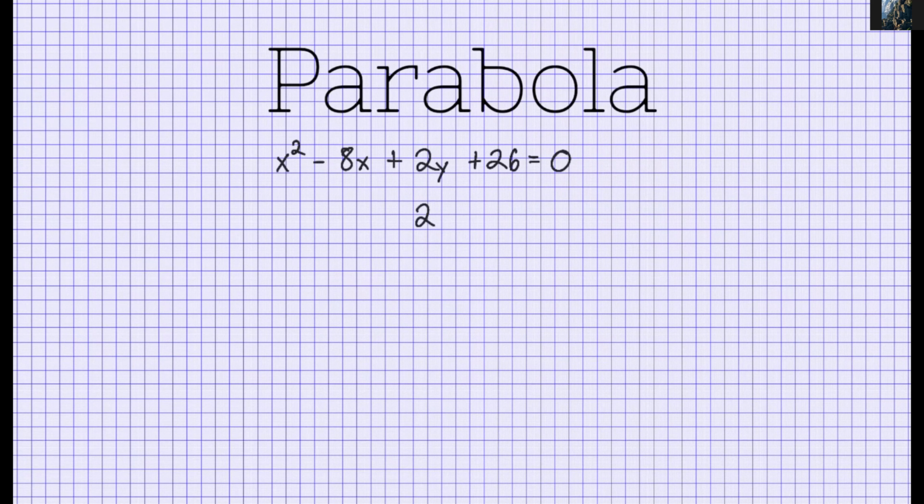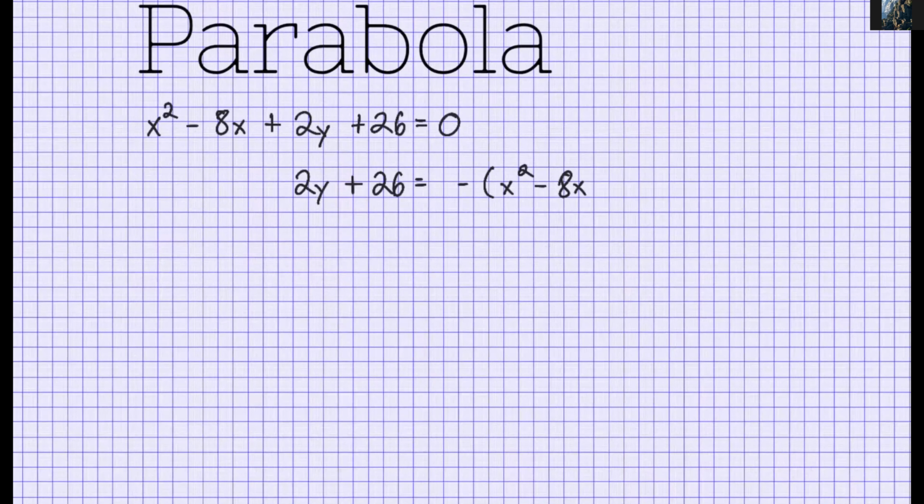So let's begin. We will have 2y plus 26 equals negative x squared minus 8x. To complete the trinomial, this will be 16, so I have to subtract 16 from here.